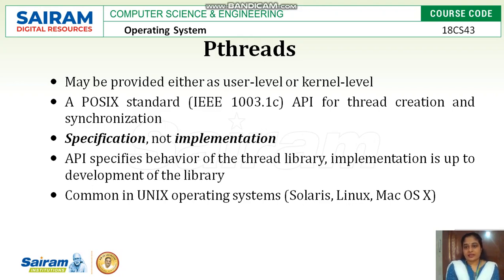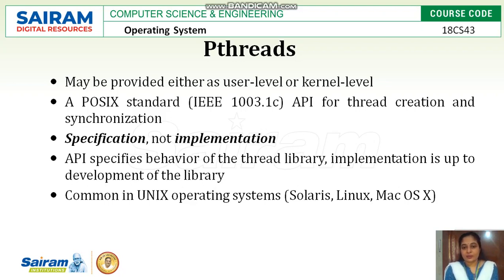This POSIX standard provides the standard for synchronization and creation of threads. This is a specification, not an implementation. The API specifies how your thread library should behave, and the implementation is to develop the library.